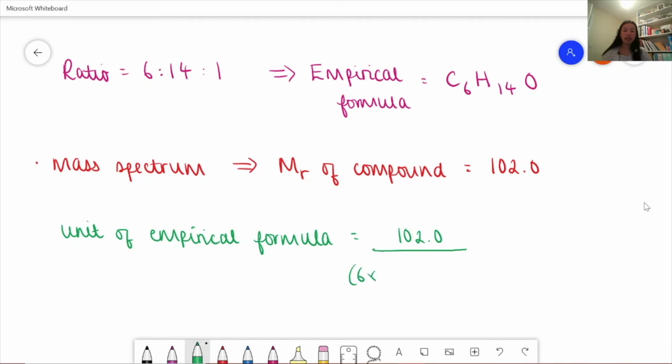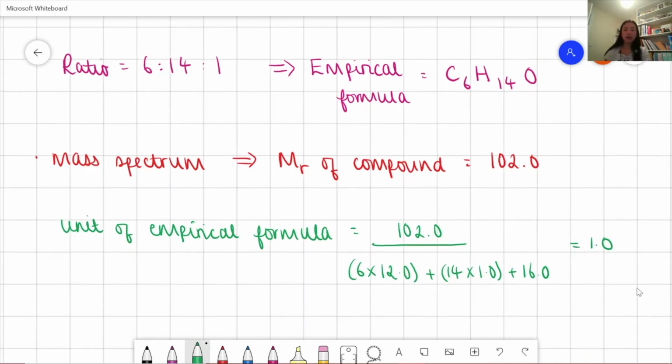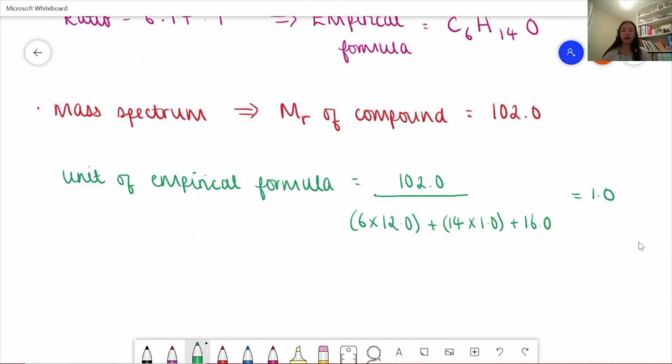So we have 6 of these carbons, and then 14 of these hydrogens, and then also 1 oxygen. And this actually gives us 1. And so that means that the empirical formula is actually equal to the molecular formula. So we have that the molecular formula is equal to C6H14O.